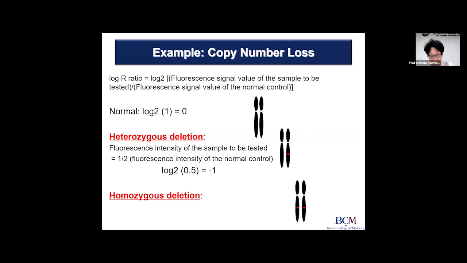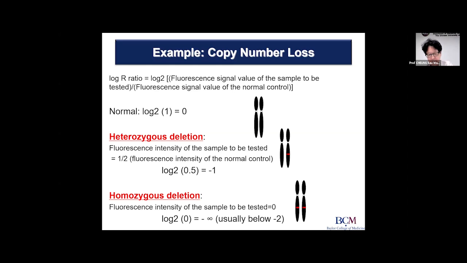Now, if there is a homozygous deletion, that means the fluorescent intensity of the sample to be tested is 0. The log ratio will be indefinite, usually more than -2. That might also indicate that this patient may have something like cystic fibrosis.